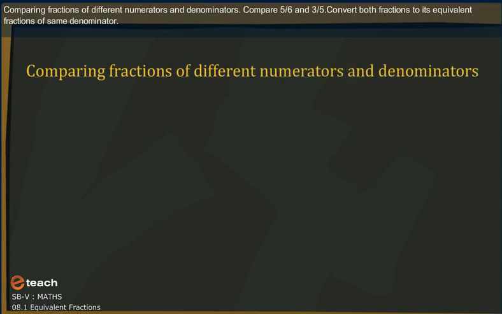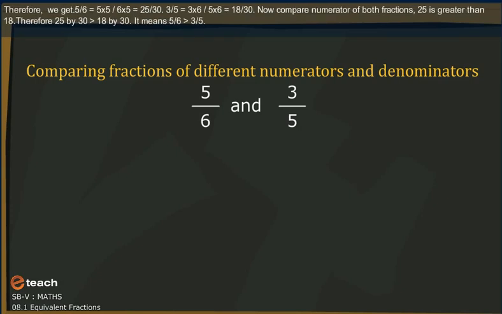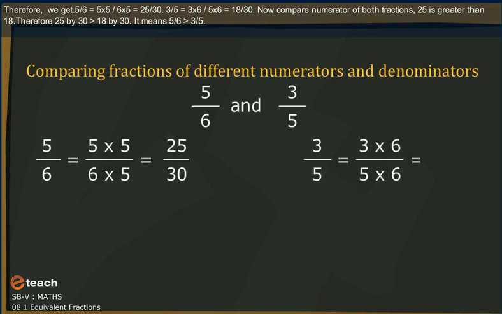Comparing fractions of different numerators and denominators. Compare 5 by 6 and 3 by 5. Convert both fractions to equivalent fractions of the same denominator. Therefore, we get 5 by 6 is equal to 5 into 5 by 6 into 5, which is equal to 25 by 30. 3 by 5 is equal to 3 into 6 by 5 into 6, which is equal to 18 by 30.